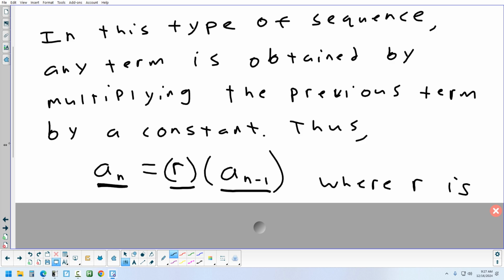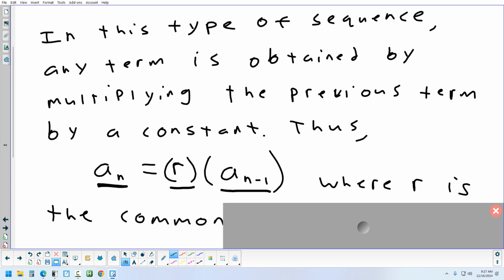For a problem, that value is fixed. Okay, they'll tell you what that is. Now, d stood for common difference. Anybody have a guess what r stands for?